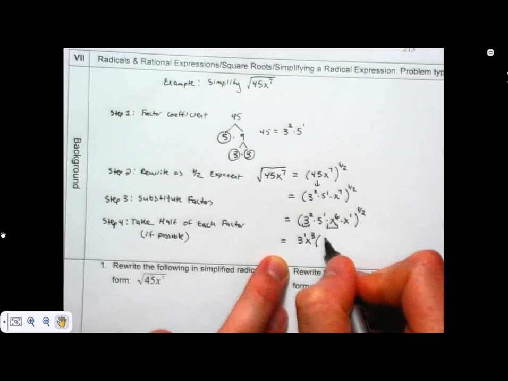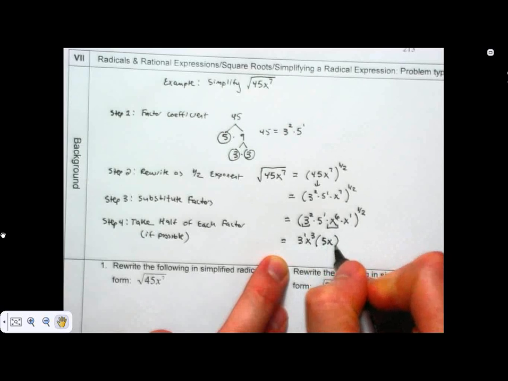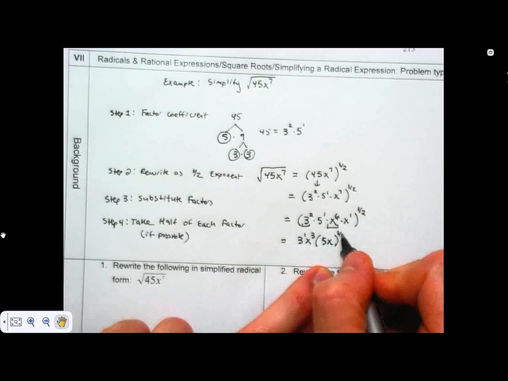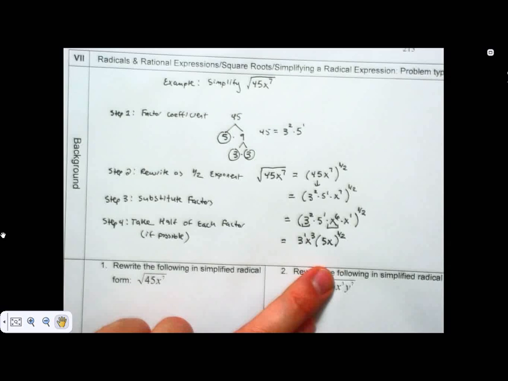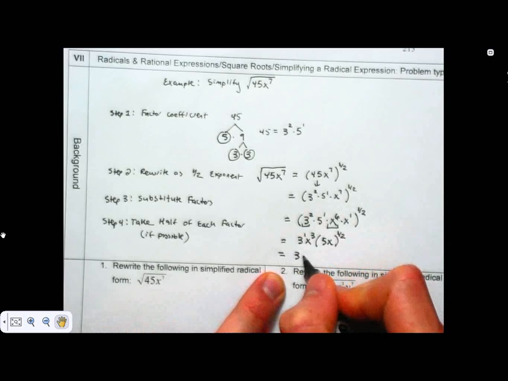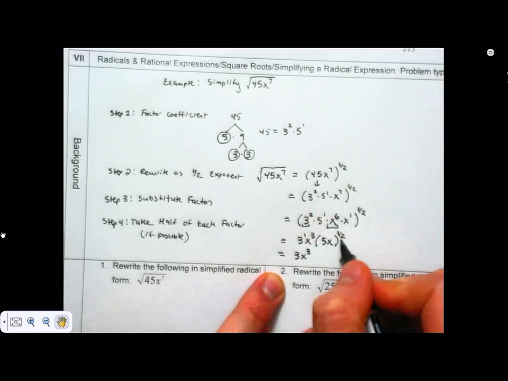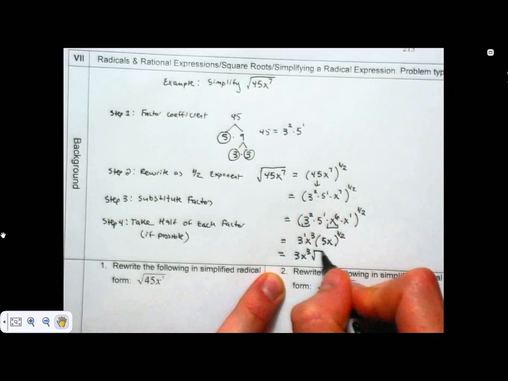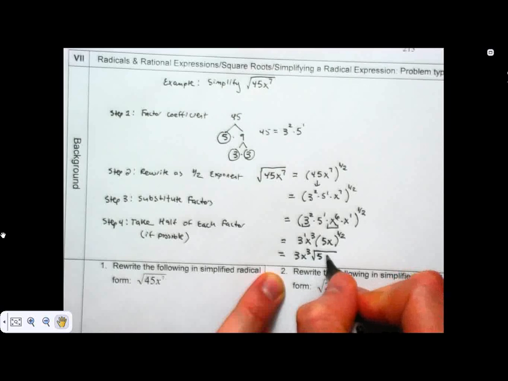So I'm going to leave the 5 to the first and the x to the first underneath because I can't do anything with them. And then the last step is just to rewrite the half powers as square roots again. So that's my final answer.